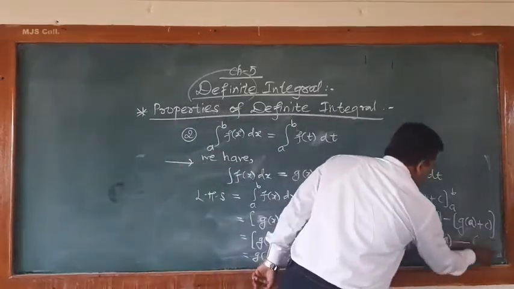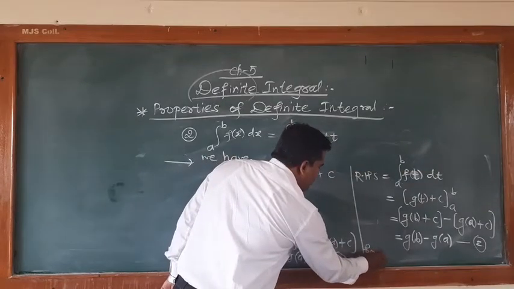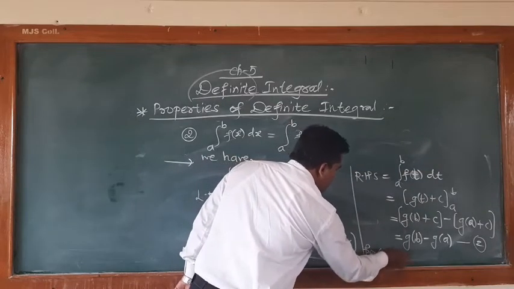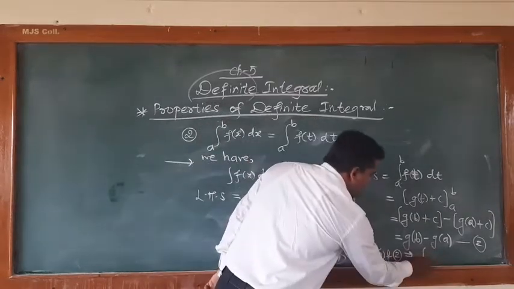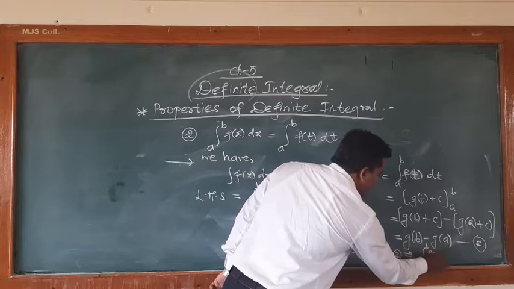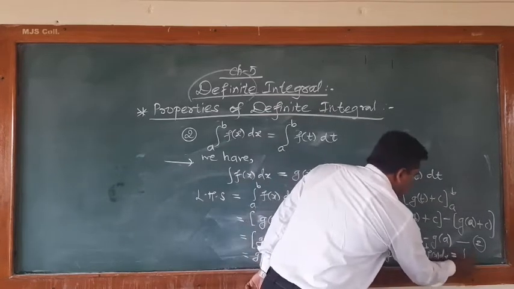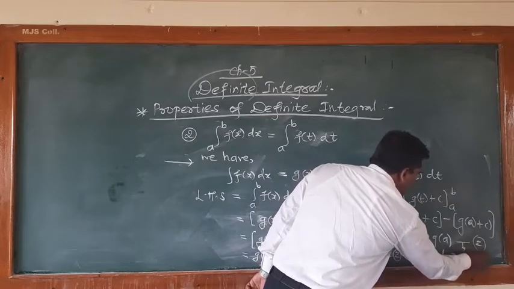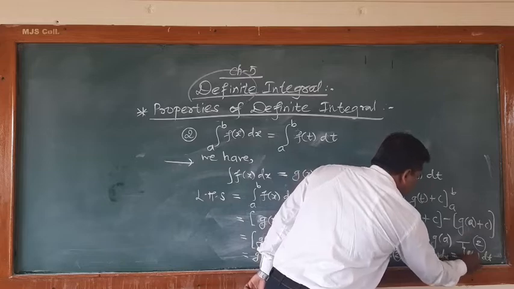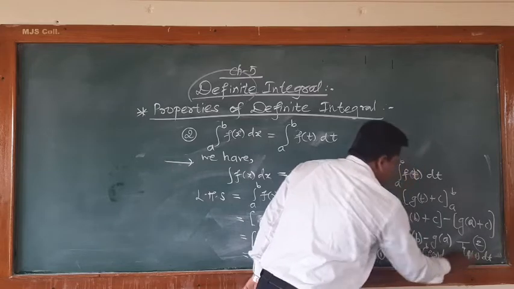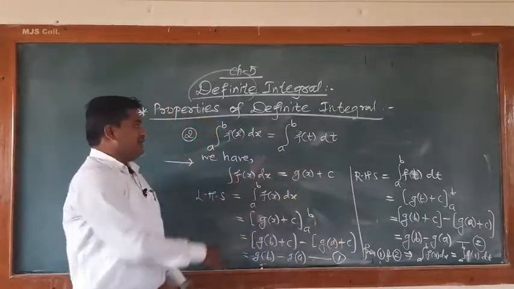It is equation number 2. From 1 and 2, we get integration a to b f of x dx is equal to integration a to b f of t dt. That means we proved the second property.